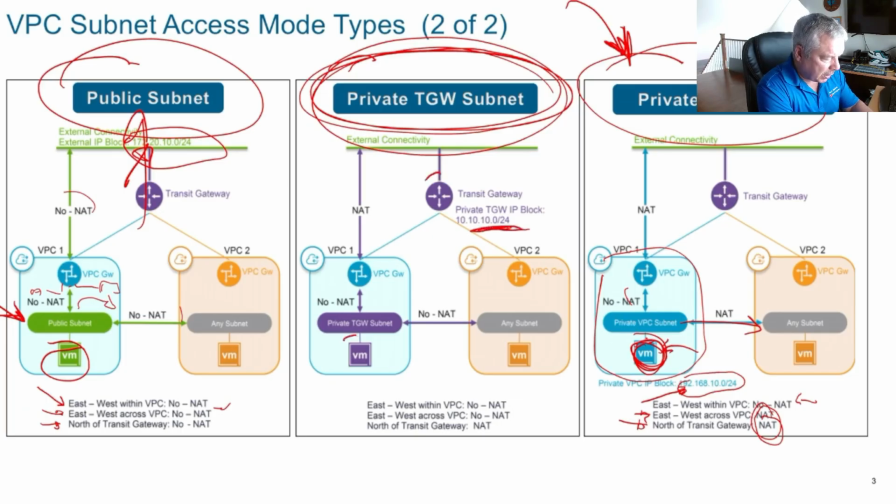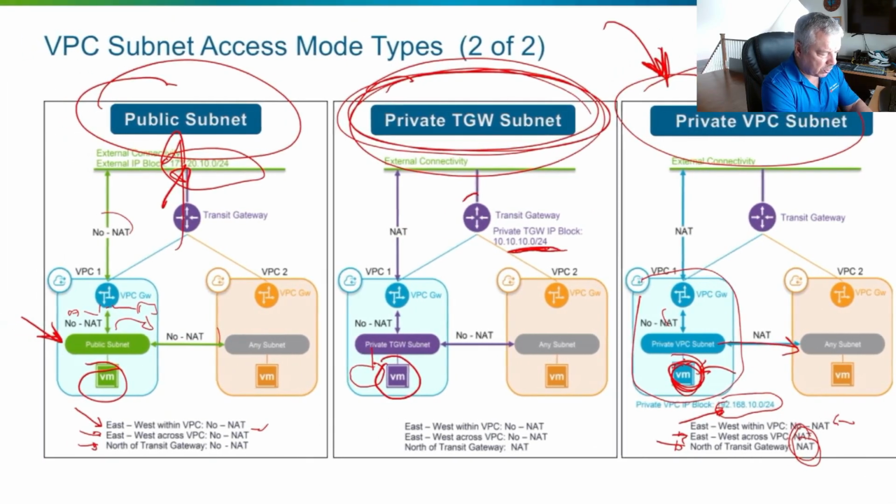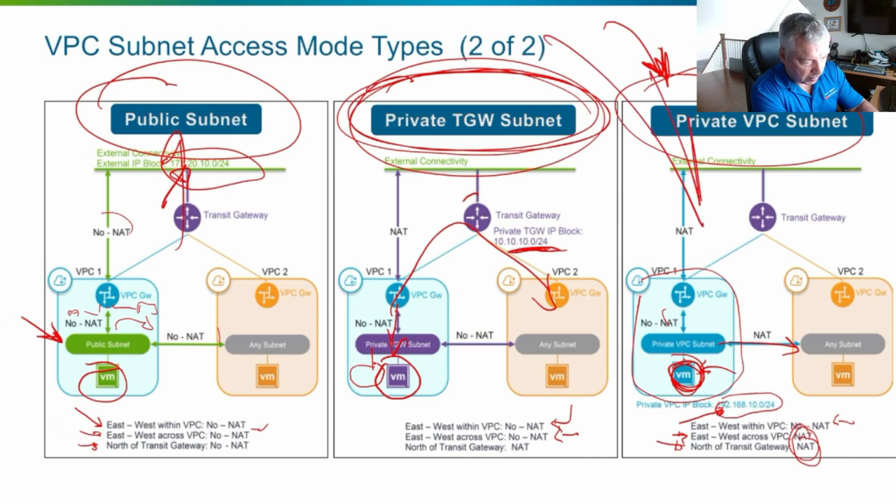The VM is going to get an IP from that block. So now it's saying here, east-west within the VPC, there's no NATing. East-west across VPCs, there's no NATing. So the IP of the VM is preserved. Okay. Whereas in this one over here, the IP got NATed. And then north-south, yeah, we have to do network address translation.